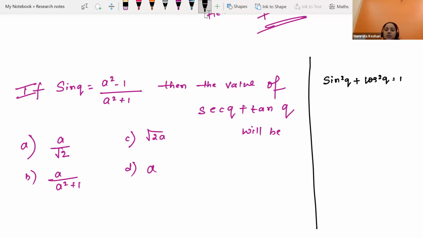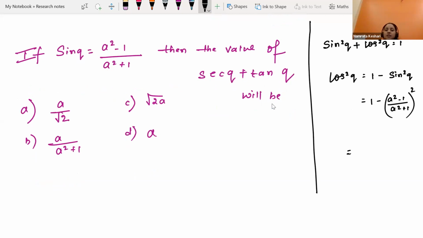This identity you have used to take out cos theta. Yes, please continue. Then I got sine square theta is equal to a square minus 1 by a square plus 1 whole square, which is also equal to a square minus 1 whole square by a square plus 1 whole square.